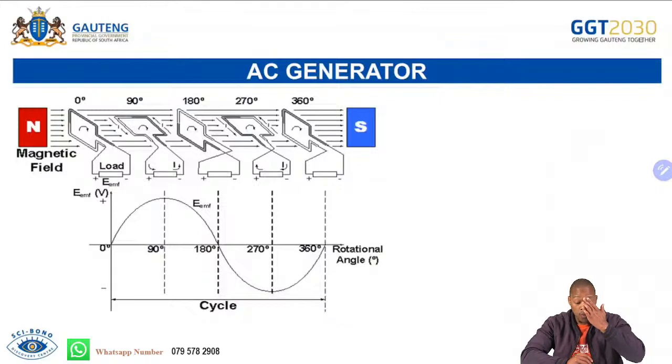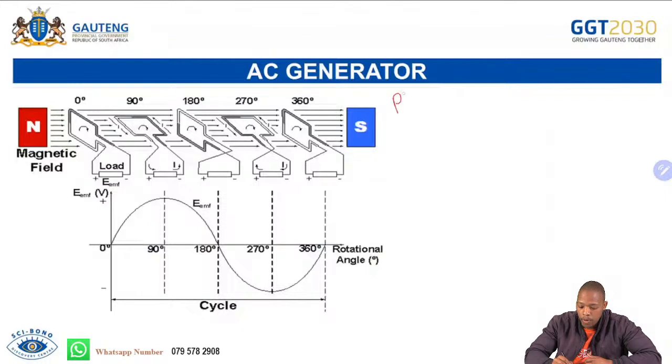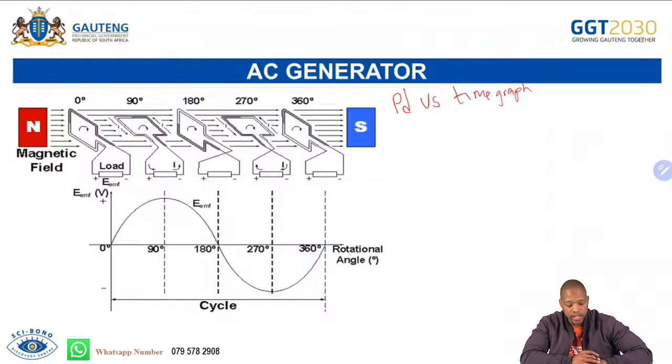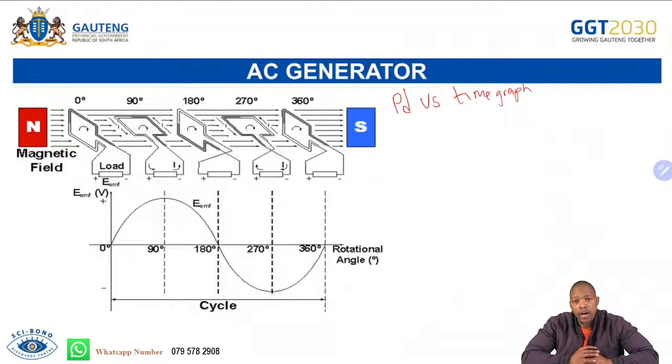Right. We can also be asked to draw a graph of EMF or potential difference versus time for the AC generator. And how do we represent that graph? Well, what we need to understand is that according to electromagnetic induction, EMF or the electricity will only be induced when the coil cuts through the magnetic field.